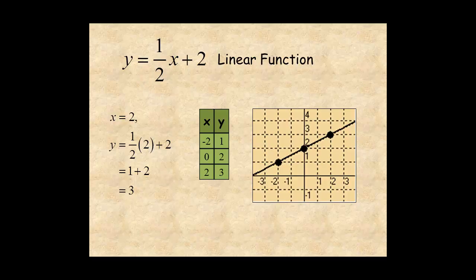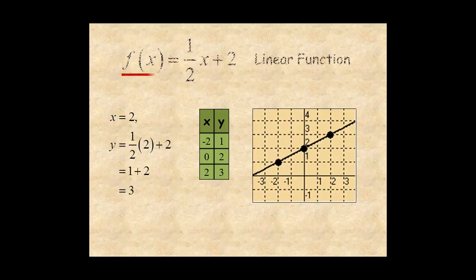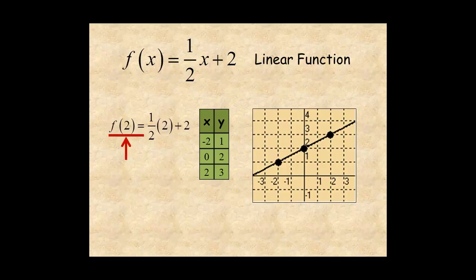Remember, you can use function notation when you talk about the value of a function. f of x equals 1/2 x plus 2 can be used instead of y equals 1/2 x plus 2. Then you can say f of 2 equals 1/2 times 2 plus 2, which is 1 plus 2, which is 3. And so f of 2 equals 3.